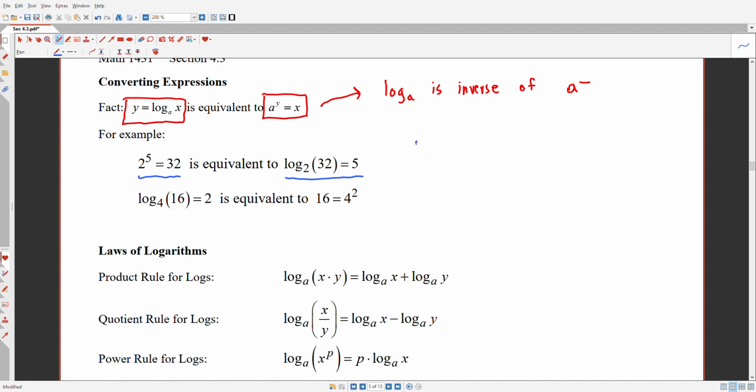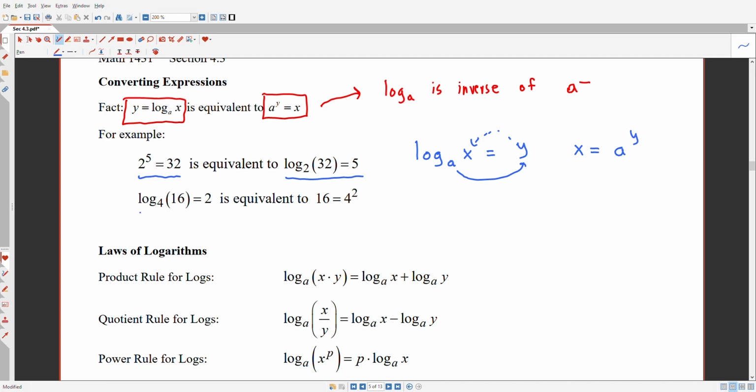When I usually think about it, I start with an equation that has logarithms. When I have log base a of x equals y, I write this as a to the y equals x. So that equation is the same thing as saying x equals a to the y.